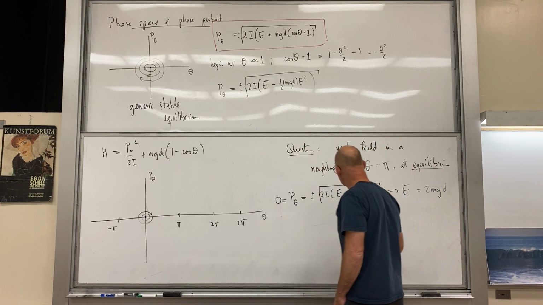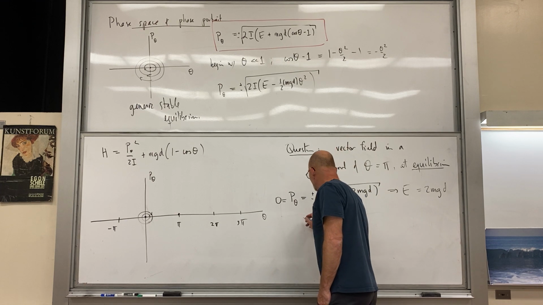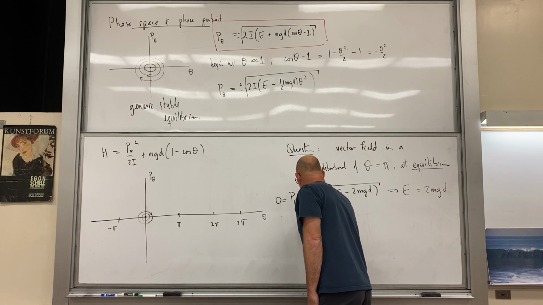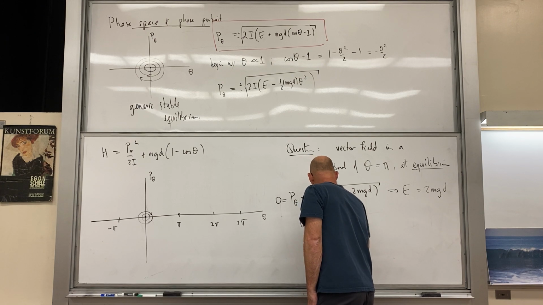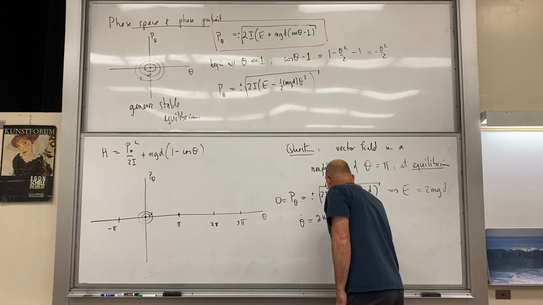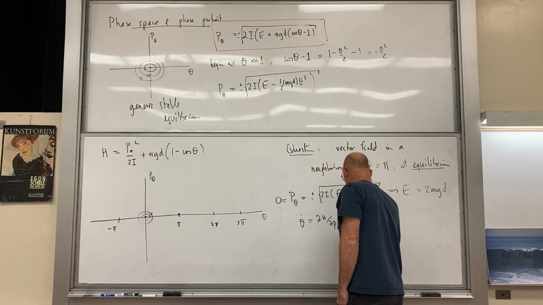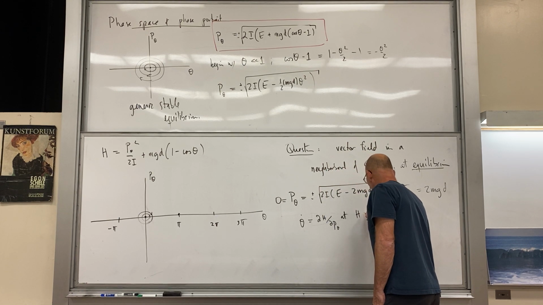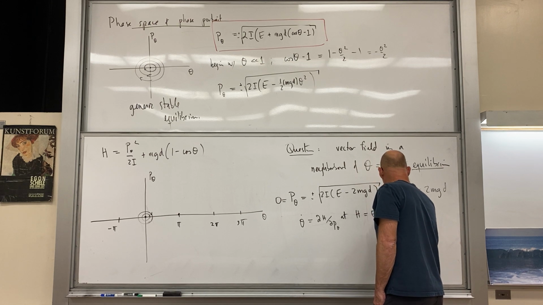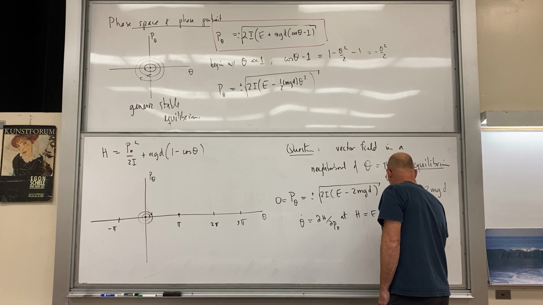And then you want to find those vectors. So you're going to find theta dot, dH/dp sub theta, at H equals E equals 2mgd.